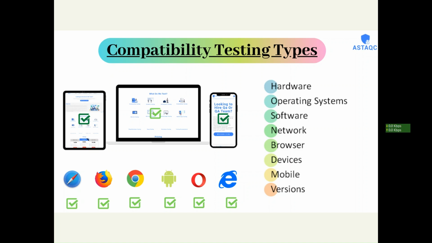For example, if you take Gmail, it should support Chrome, Firefox, Safari, laptop, iPad, phone, desktop, different operating systems like Android, Linux, iOS, Mac, Windows, different versions 7, 8, 9, 10, 11, browser versions, different mobiles like Samsung, Redmi. So checking whether it supports everything or not. That is called compatibility testing.